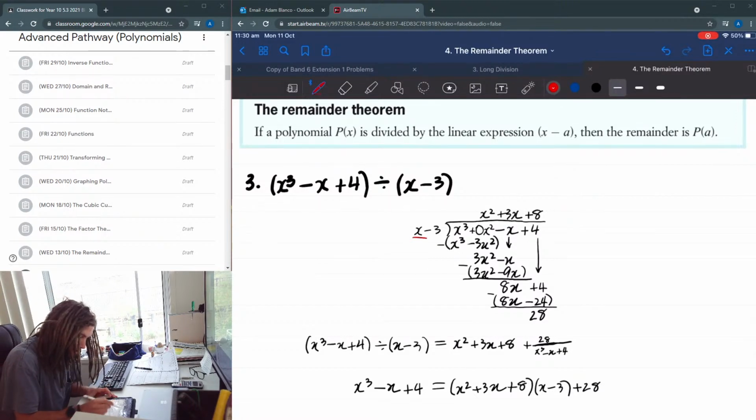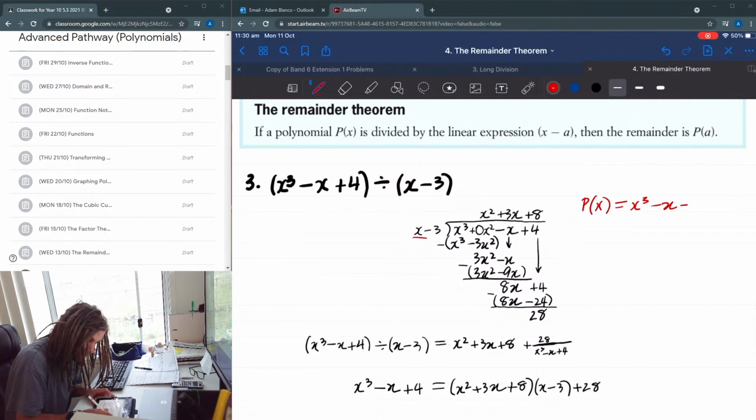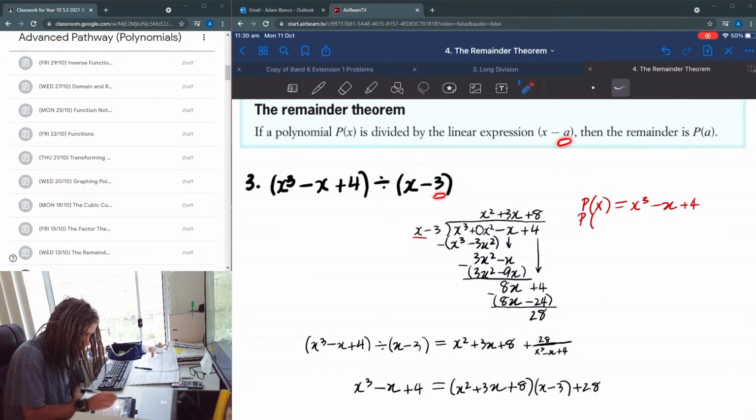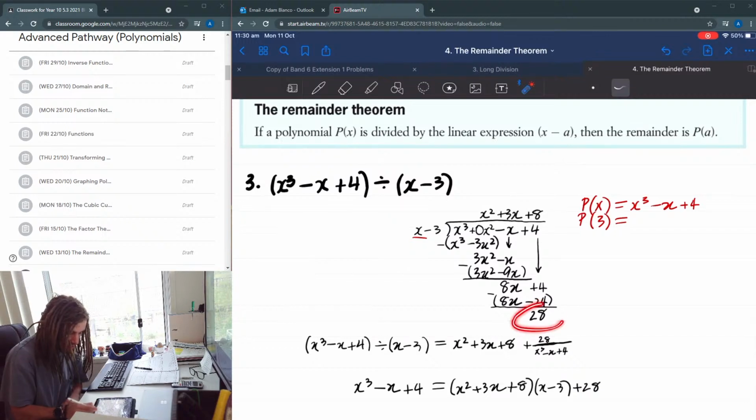I'm going to add to the side here, P of x is my original polynomial plus 4. Now P of the thing I'm dividing it by, which is 3, so P of 3, should equal my remainder, apparently. So this should equal 28.